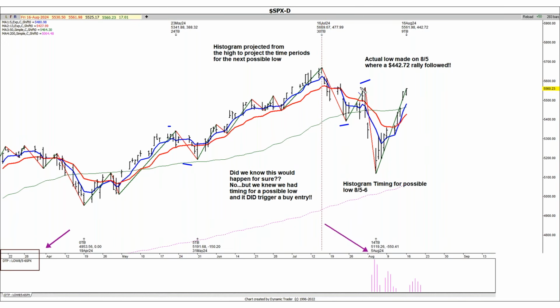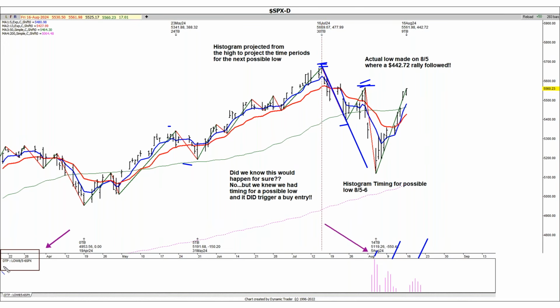Then, in this case, I projected from this high to the next possible low. The histogram will spit out dates that stand out with timing. These are done with calendar day projections rather than the daily projections.